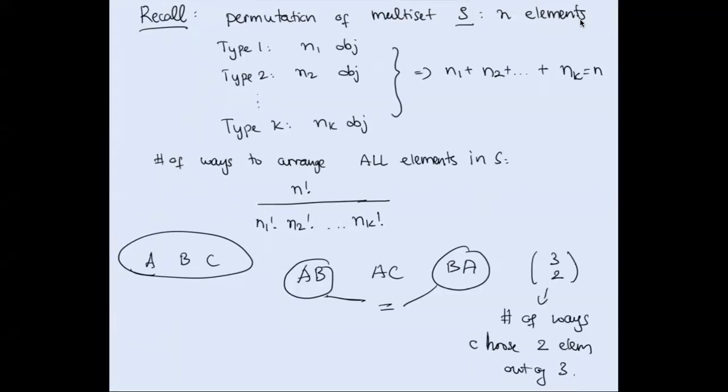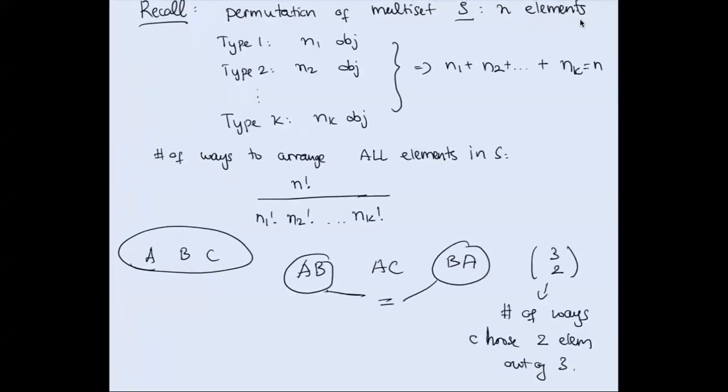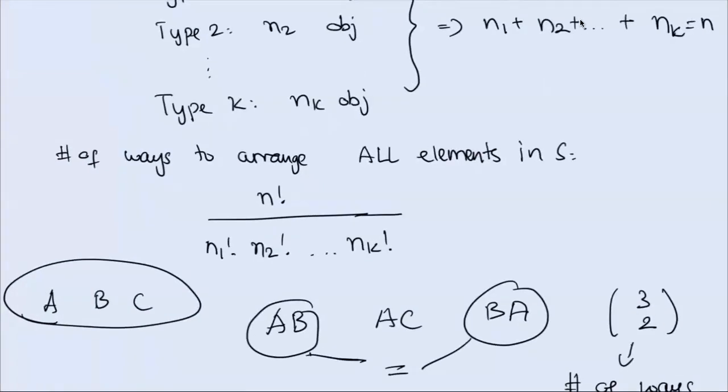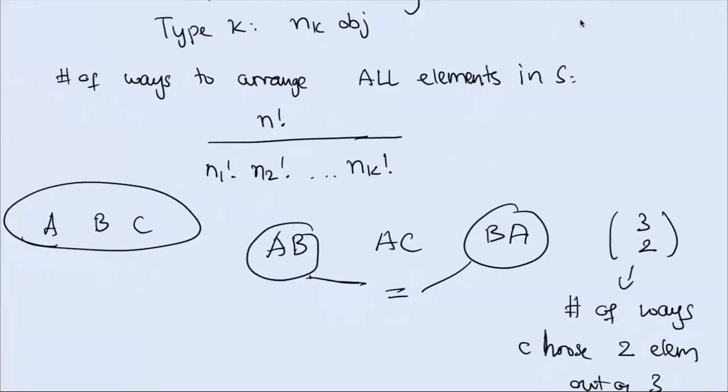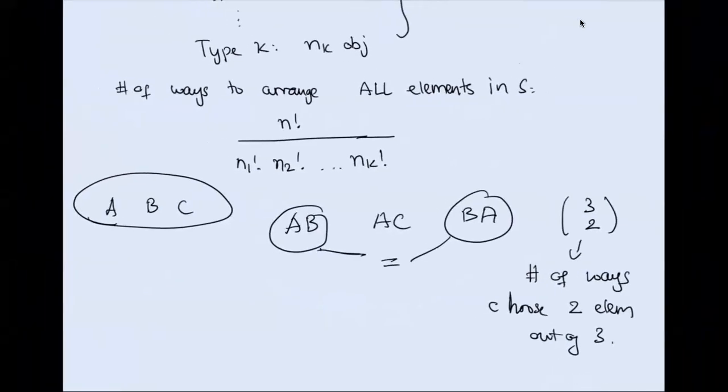Or another way to look at this problem is that since you have 3 elements and you want to choose 2, you can think of it as assigning labels. C stands for chosen. Since we want to choose 2 elements, we have 2 labels C, and N stands for not chosen.